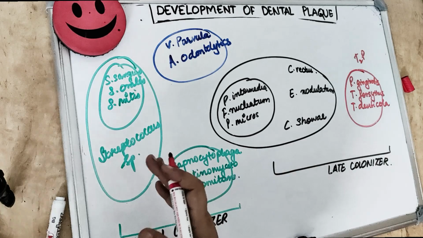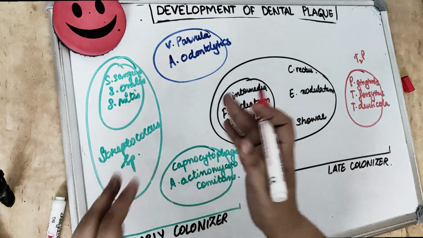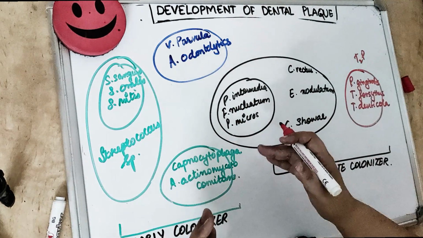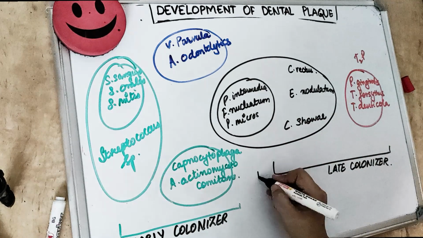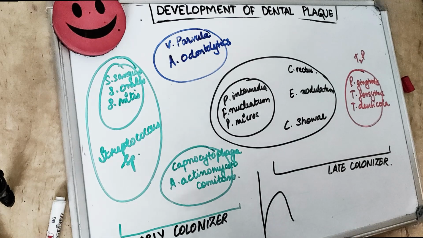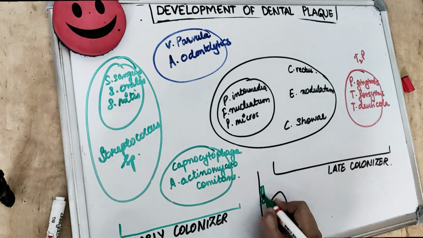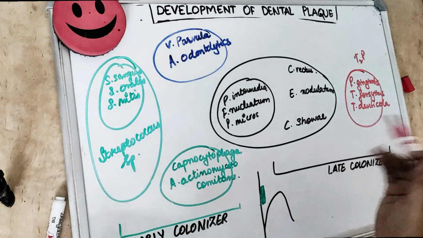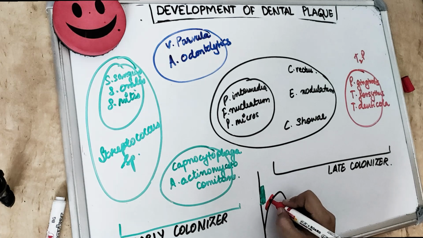And if you remember in the previous video, we covered that initially the primary colonizers, or the early colonizers, are the gram-positive aerobic bacteria, and later on the gram-negative come, and later on there are anaerobic bacteria. So the first bacteria which attach onto the surface of the tooth, the green ones, are gram-positive bacteria, and later on the secondary colonizers are gram-negative bacteria, and they go inside and cause gingivitis and periodontitis.